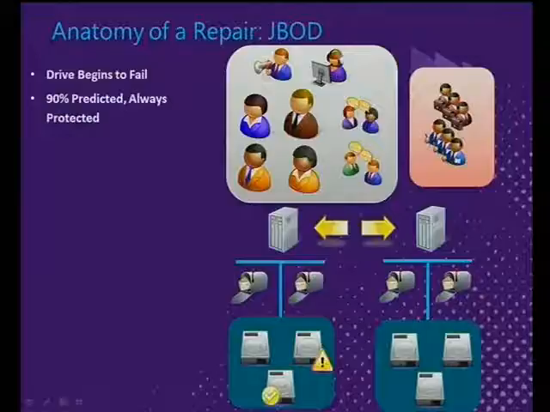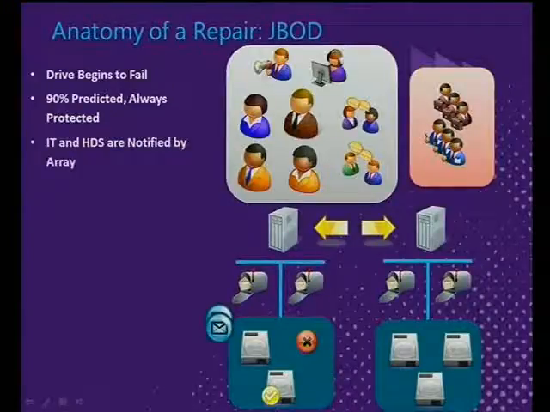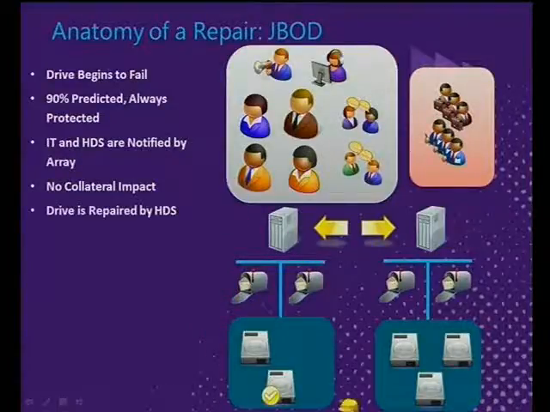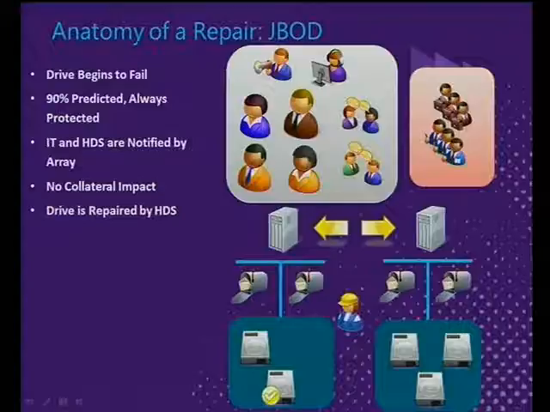If we look at a different view, using a SAN-based implementation, if a drive begins to fail, it reports through to an engineer. The array notifies the IT users. We have no impact again to end users. We have the drive replaced. Someone comes on site, replaces the drive.